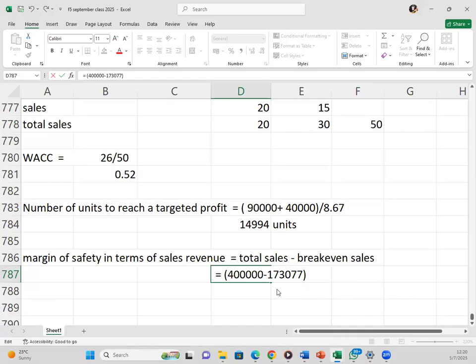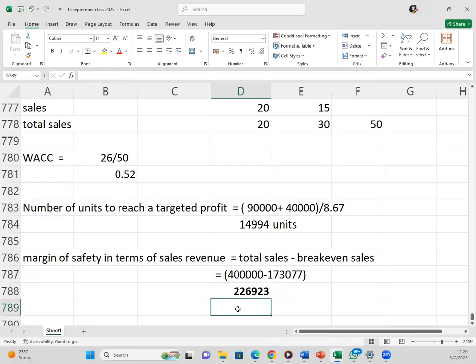Okay, so it means our margin of safety is 400,000 minus 173,077. So our margin of safety, this is in revenue. But the question is saying as a percentage.